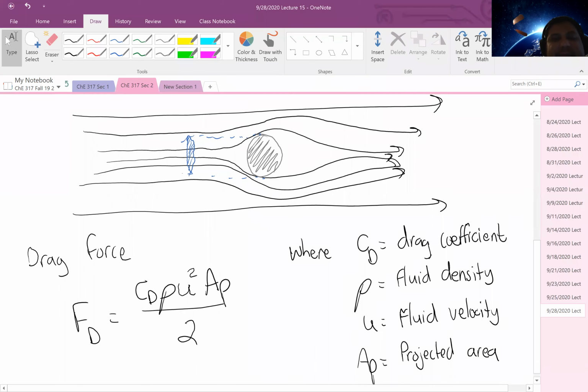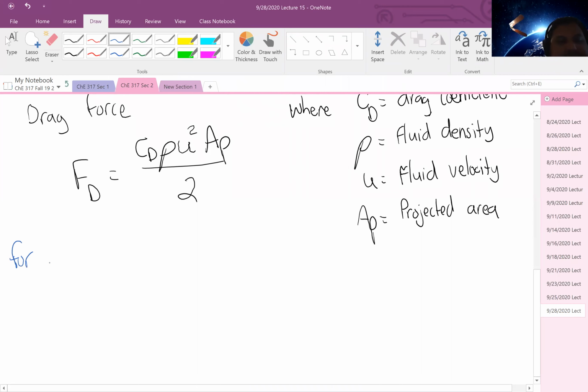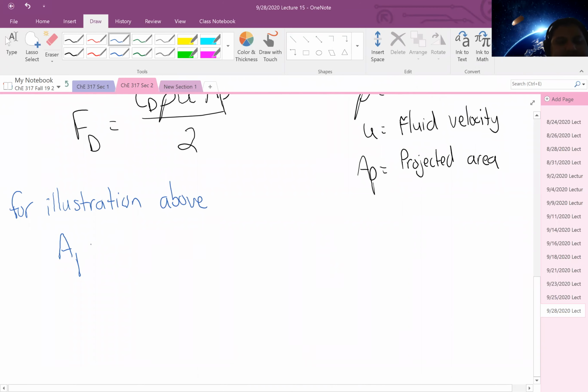So for the example above, this projected area would be simply a circle with a diameter d shown here. So for illustration, A_p would be pi times the diameter squared over 4.